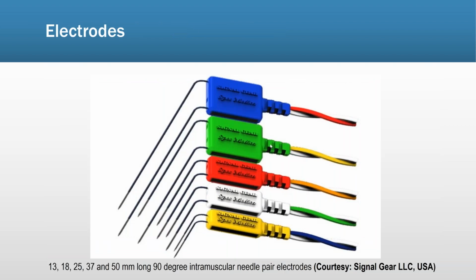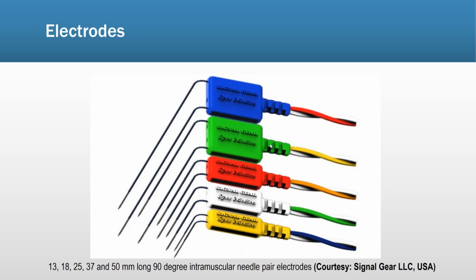When we're using subdermal needles, it depends on the length of the needle. We typically use 13 millimeter long needles, but now we have longer needles, which are 18 millimeter, 25 millimeter, 37 millimeter, and 50 millimeter. The longest one is 50 millimeter.